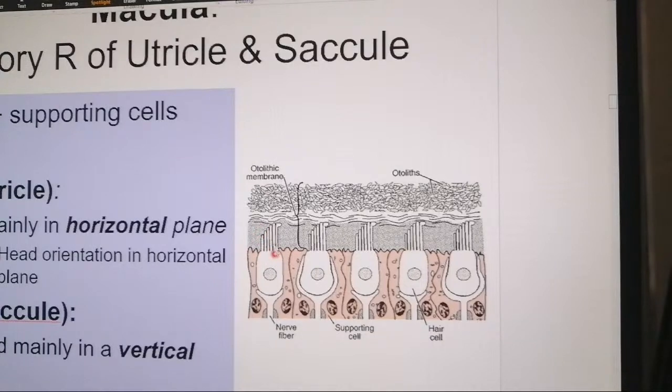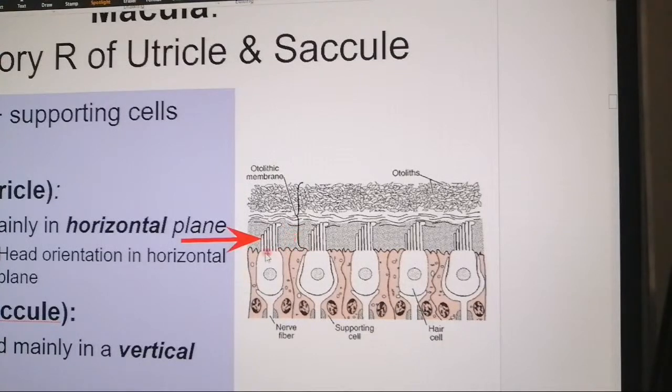If you observe closely, this is what I want you to look at. These are the cilia, finger-like projections, which project from the top part of the hair cell into this gray area. We'll talk about the gray area in a bit.